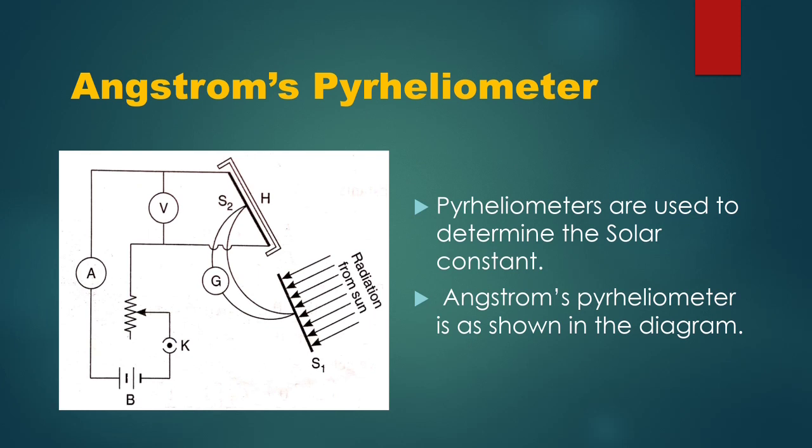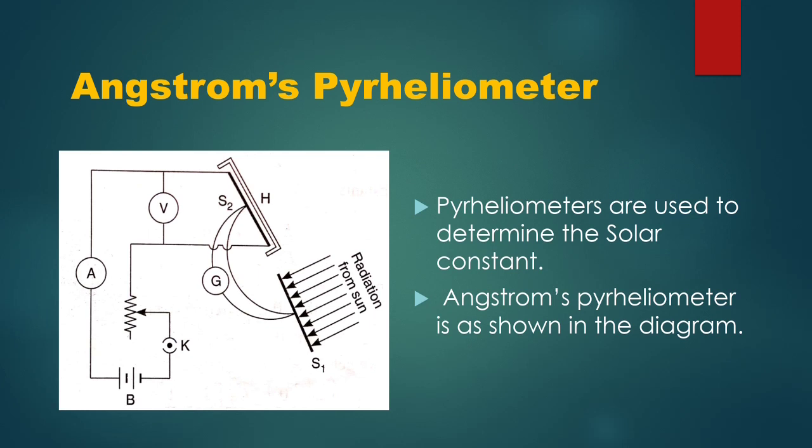When the temperatures of the strips S1 and S2 are the same, the galvanometer shows null deflection. When the strip S1 is irradiated by the solar radiation, the temperature of the strip S1 rises such that the galvanometer shows a deflection.